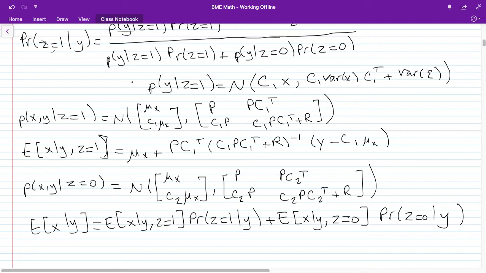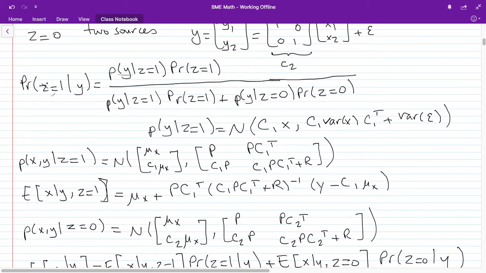Because this probability gives you an estimate of the likelihood that it came from scenario 1 versus scenario 2. So it's causal inference because what you're doing is trying to infer what caused your data. And you have, in this case, two models that you considered.